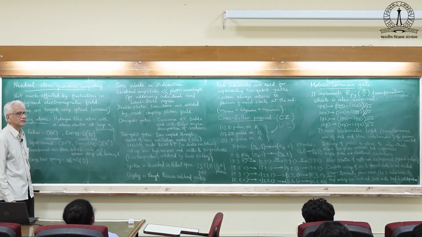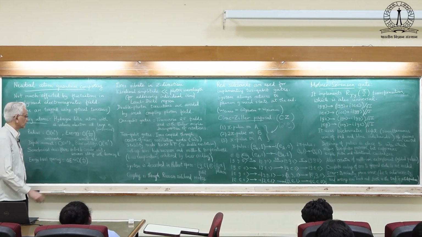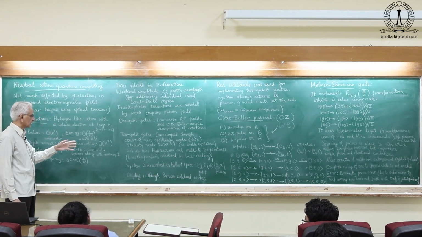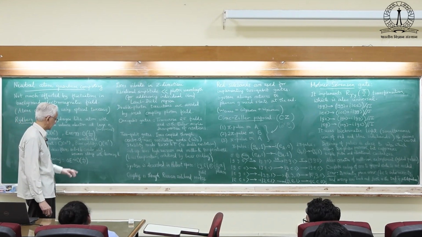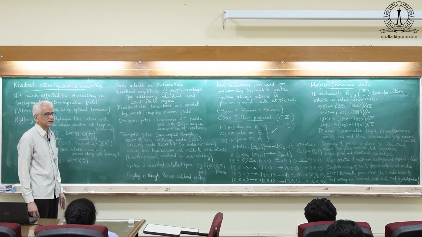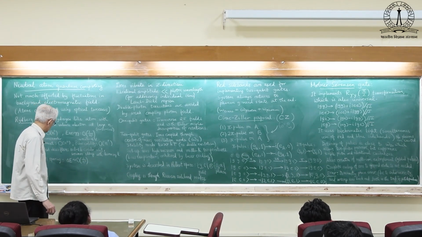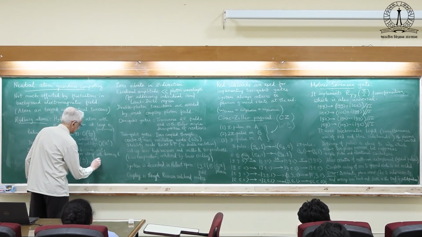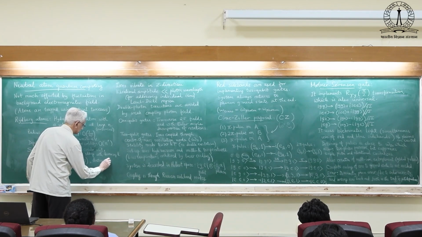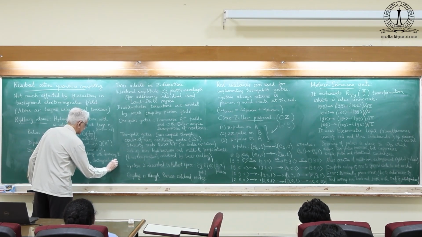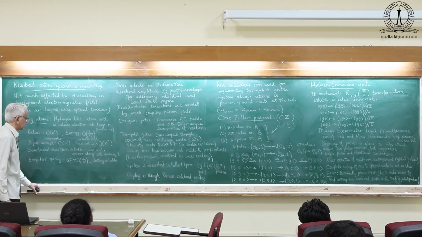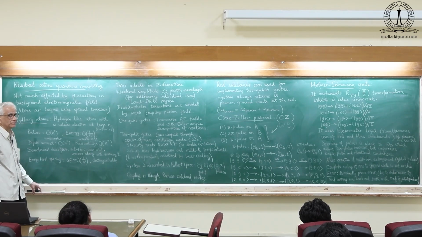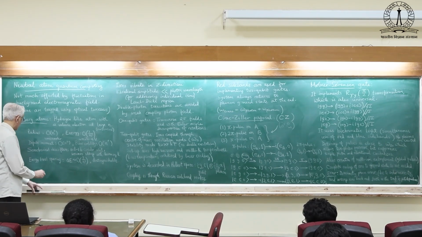So, there are lots of levels, all closely spaced, but fortunately electromagnetic pulses can distinguish these various levels, that much accuracy is available. But now we can ask the question, what are the decay rates?